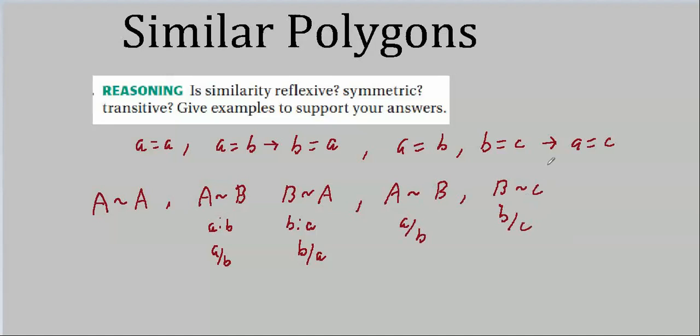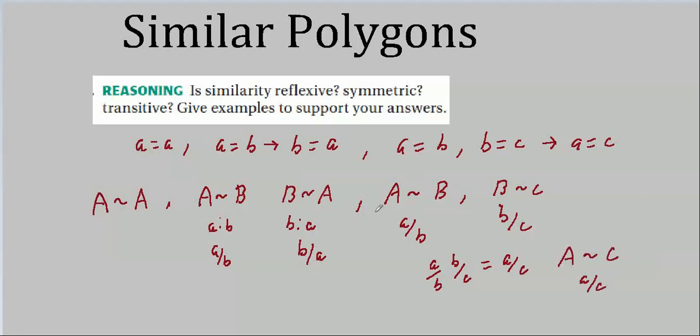And the similarity ratio is going to be, as we go from A to B, we multiplied each part of A by A over B to get the corresponding part of B. And then we take that and multiply it by B over C to get the corresponding part of C, which means our scale factor is A over B times B over C, or A over C, and we have that A is similar to C with a similarity ratio of A over C.